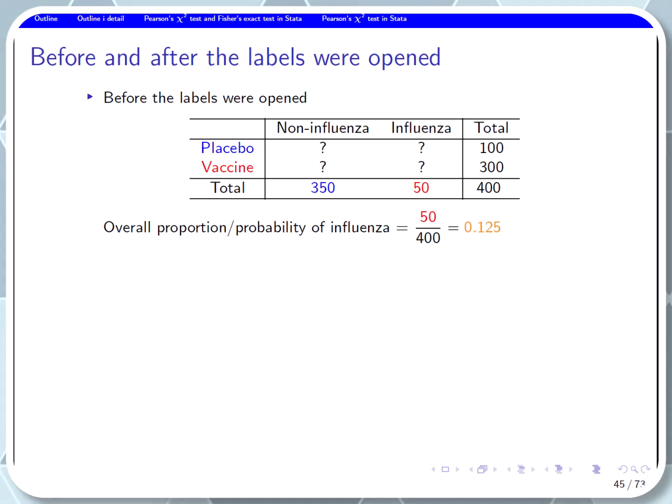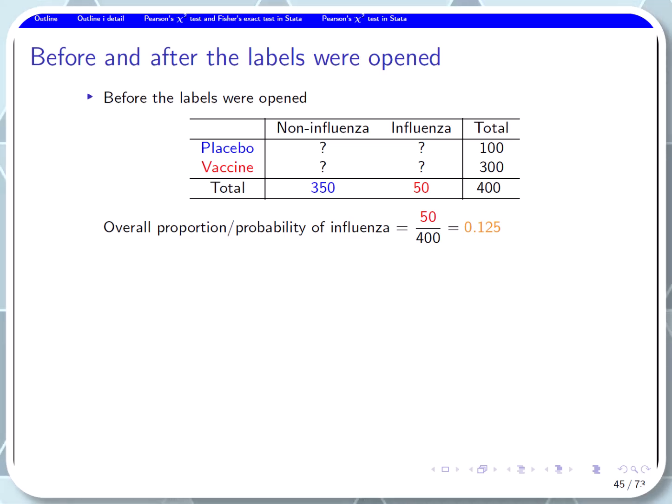At the end of the study, 50 out of 400 participants contracted influenza. Therefore, the overall probability, or overall proportion, of influenza is equal to 50 out of 400, equal to 0.125.